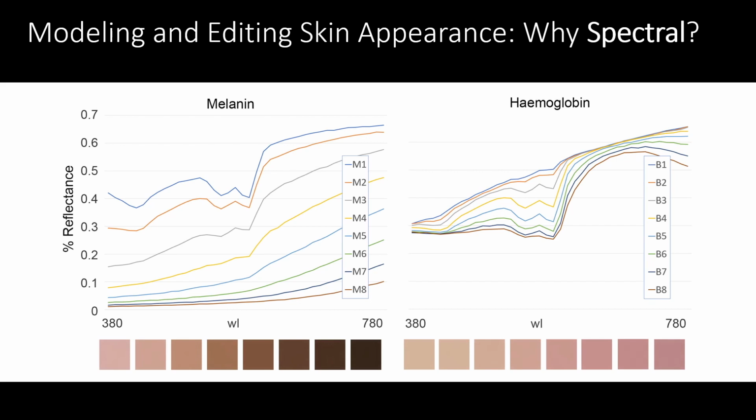In these plots, the bulk concentrations of melanin on the left and hemoglobin on the right increase for each line, resulting in notable changes on the spectral reflectance of the skin. The bottom color squares represent the RGB skin reflectance obtained as the concentration of melanin or hemoglobin increase. Note that such spectra are computed using our own 2D layering framework, as we will see later.